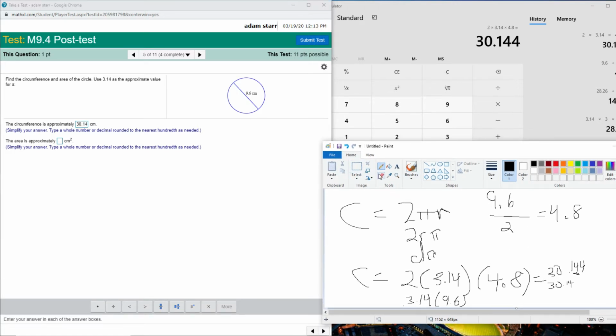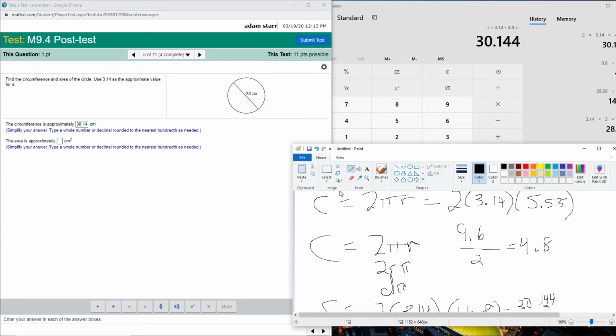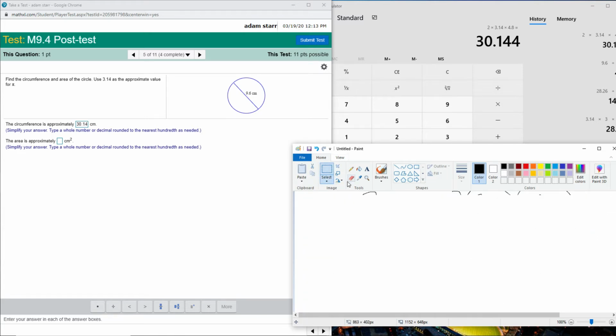And now to find the area, I'm just going to clear up some space here. Okay, to find the area, area is pi r squared. Okay, my radius was 4.8. I can still see it here in my calculator.